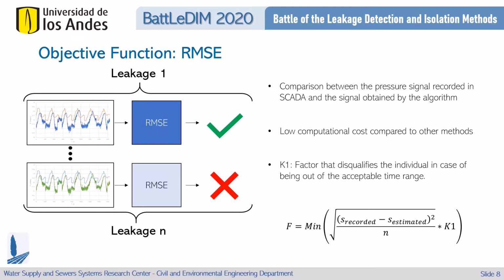Based on the objective function, a score is assigned to all previously generated individuals. With this process, they are classified from best to worst, and then the top 40% of the population is selected to go through the mutation and recombination process.